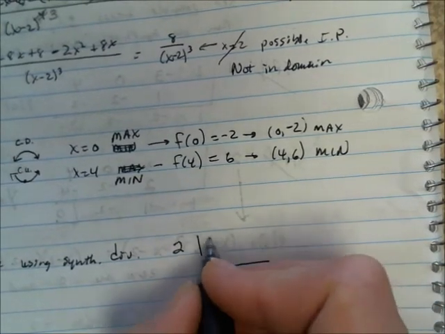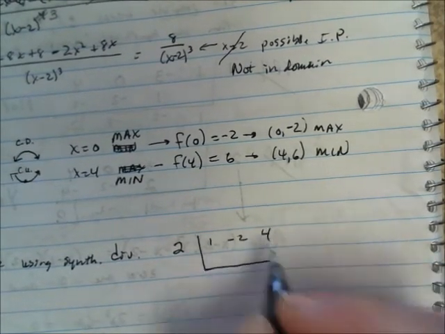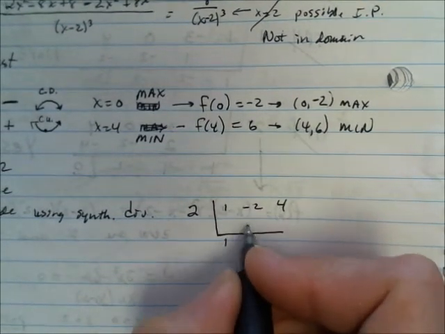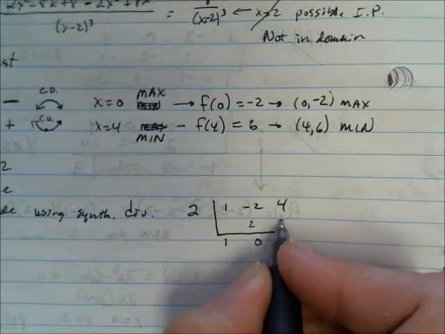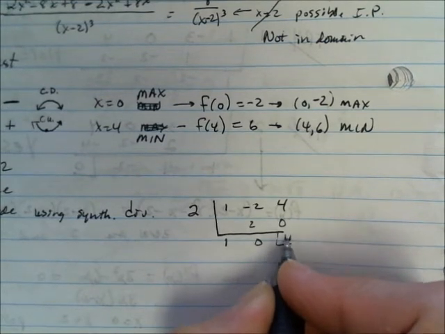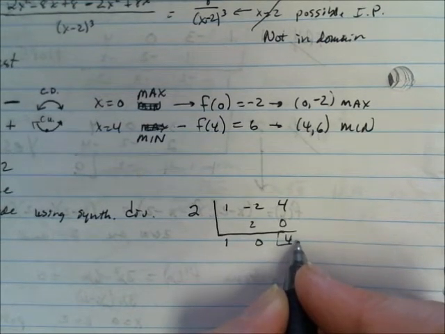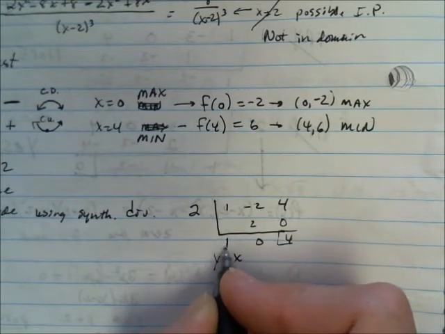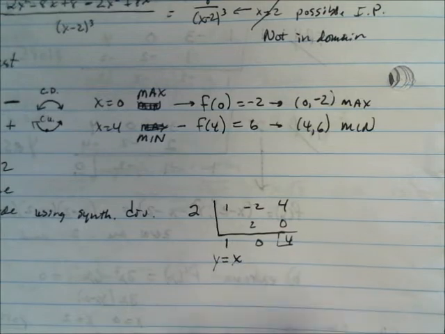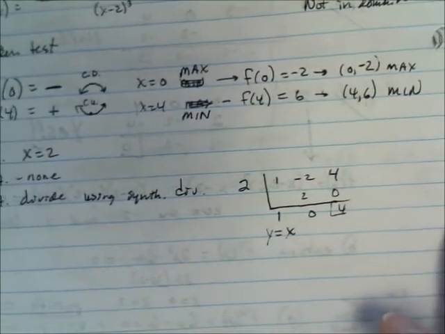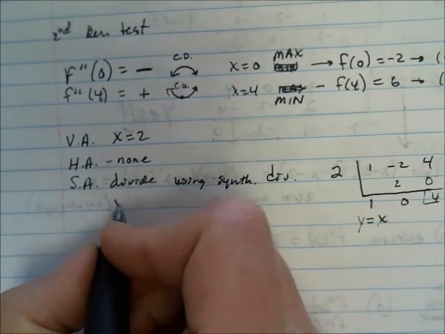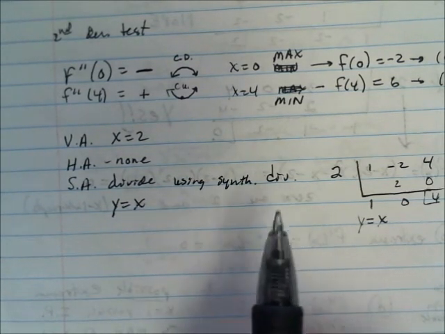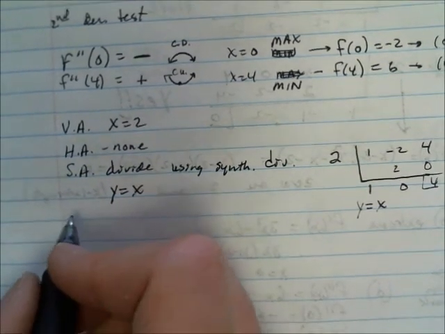And on the top we have 1, negative 2, and 4. So going quickly through the synthetic division, we have a remainder of 4, but you ignore that remainder. So y equals 1x, and there's nothing else here, is going to be our slant asymptote. So y equals x.